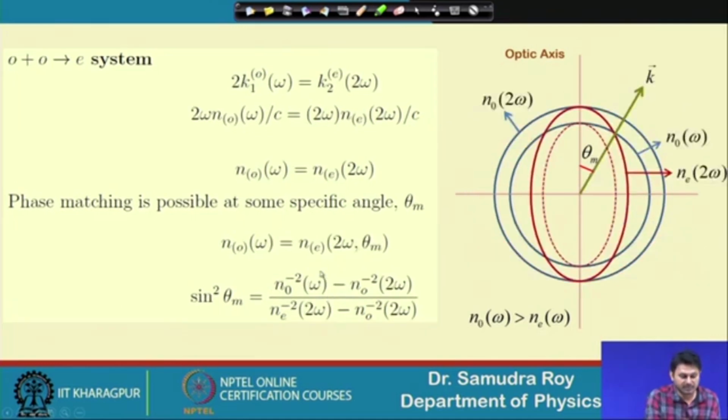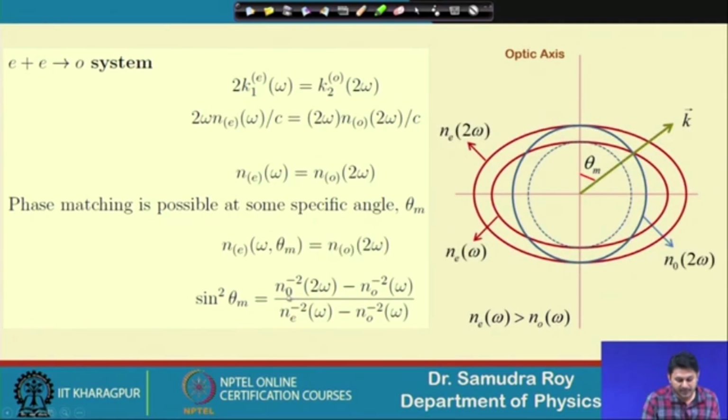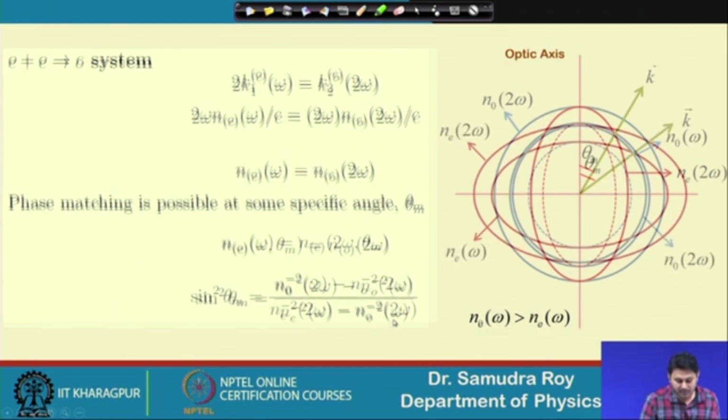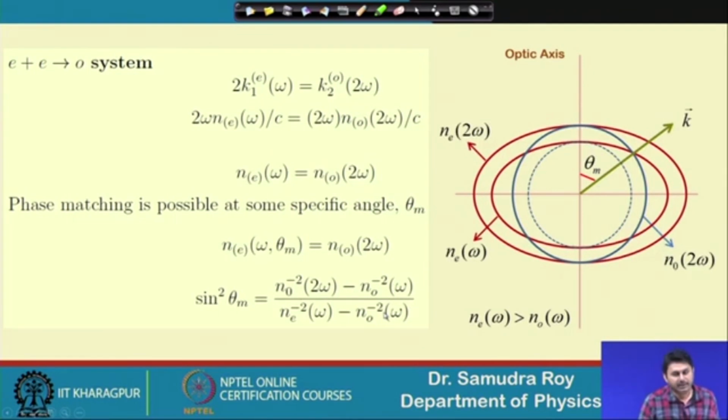So, there are two systems. Please note that this is the OOE system, and in this particular system I have the refractive index of the ordinary wave at frequency omega, and here we have the refractive index of the ordinary wave at frequency 2 omega. Other terms look quite the same, but in this case it is 2 omega, 2 omega, 2 omega, but there it is omega, omega, omega.